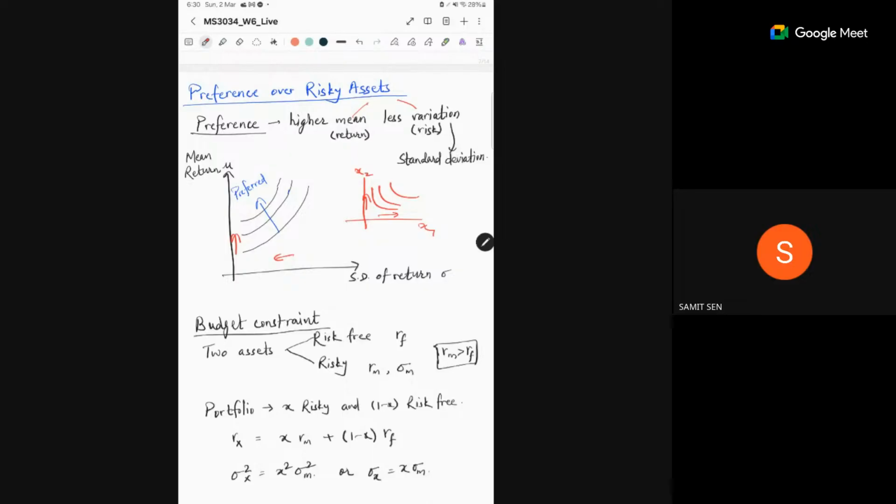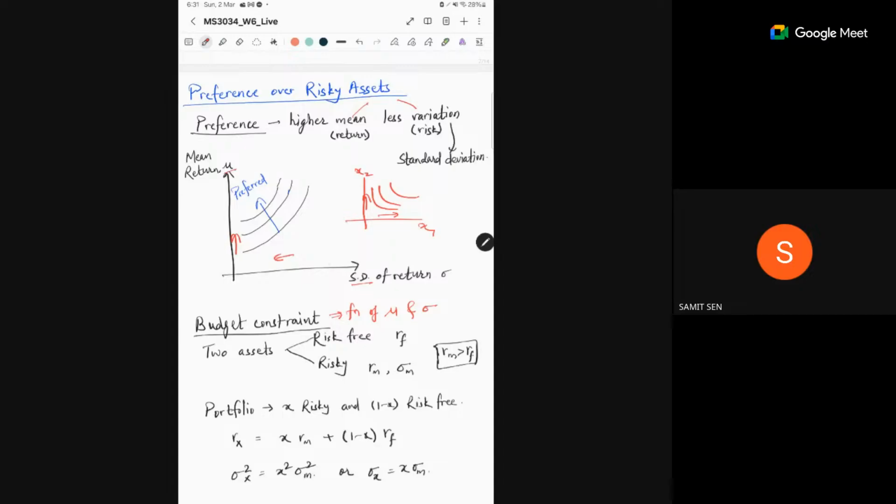Now we got the preferences in the case of risky assets. Now, how to derive the budget constraint? So now we have defined these preferences in the mean and standard deviation plane. So now I would require my budget constraint in this plane also. So this should be a function of mu. I am representing mean with mu and sigma.